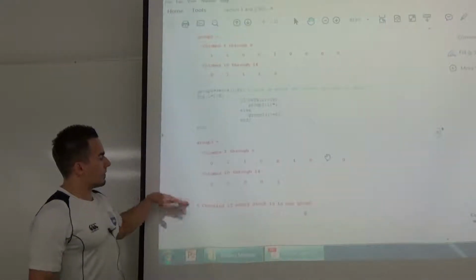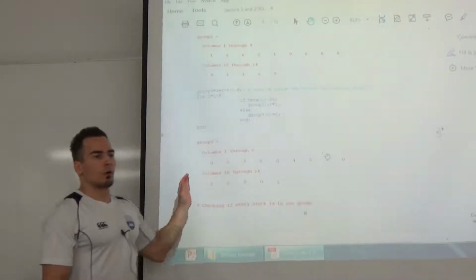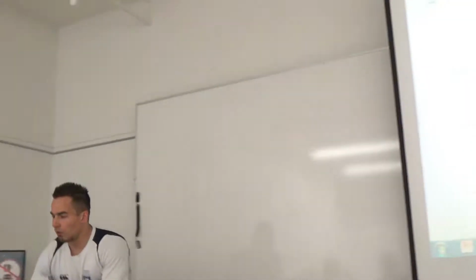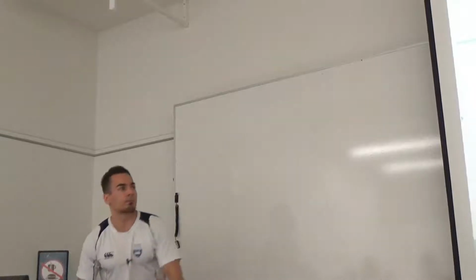And what we then figured out is, okay, if we would add our 3 group vectors, what we should get is the vector of ones. Yeah? Because every single stock should only end up in one group.